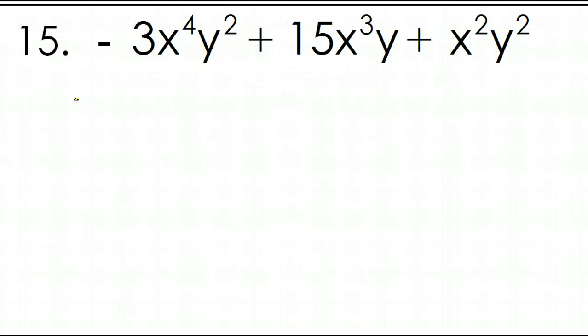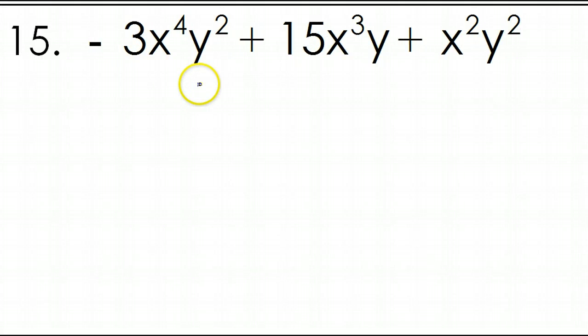Alright, let's move on to number 15. Again, the first step is always to look for the common factor. Well, number-wise, -3, 15, those are both divisible by 3. But this term doesn't have any number here, so I can't divide by 3.